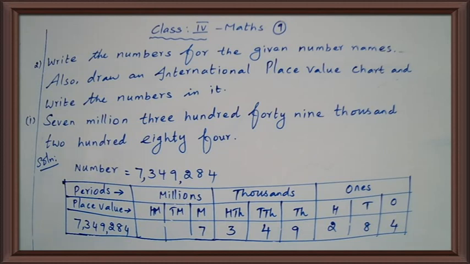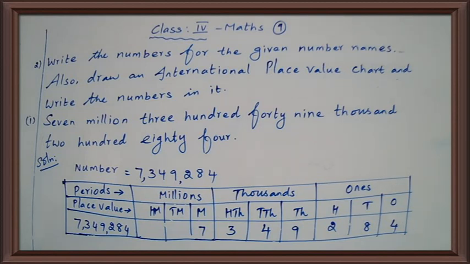Now the second question: write the numbers for the given number names. Also draw an international place value chart and write the numbers in it. Already in the international place value system, the first question is done. Now the second question, write it.